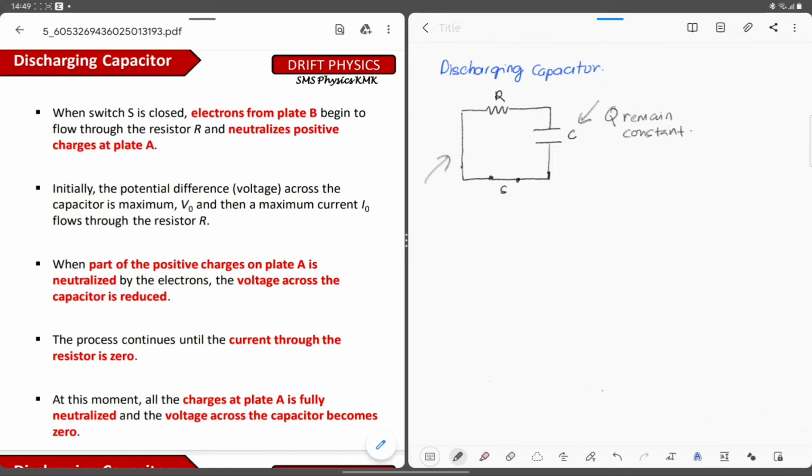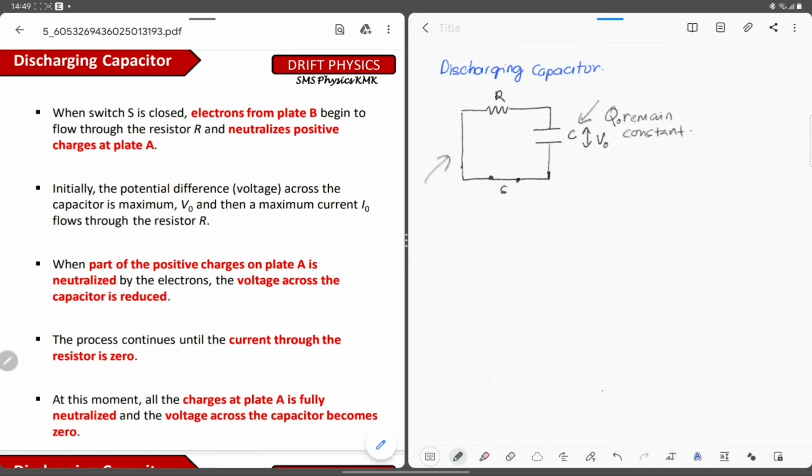So the Q stored is a maximum now in this capacitor, and it has a maximum voltage across it. It has V0, and Q is Q0, which is maximum in magnitude.